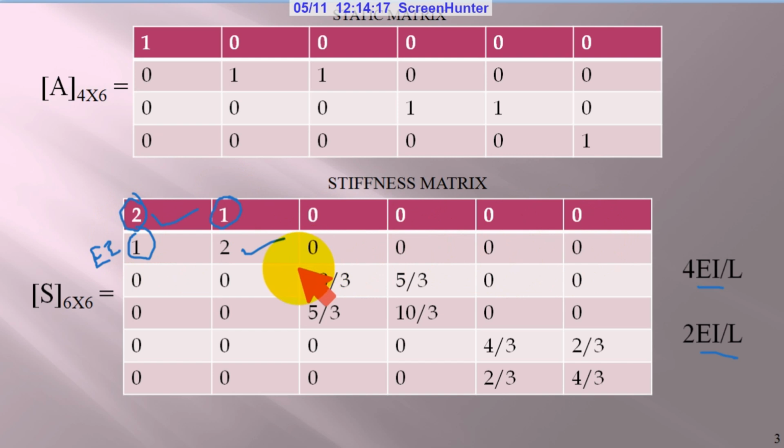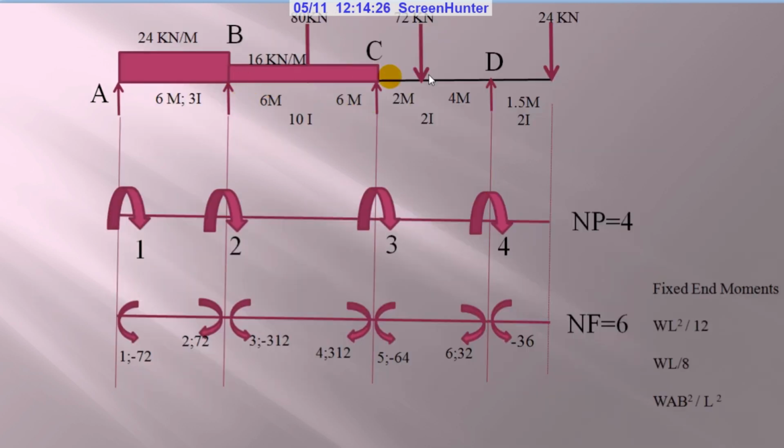Switch over to the second span, right? Move diagonally. So the second span is BC. So here again for the span BC, 4EI, that is 10EI, EI I have taken common, upon L. L is 12.